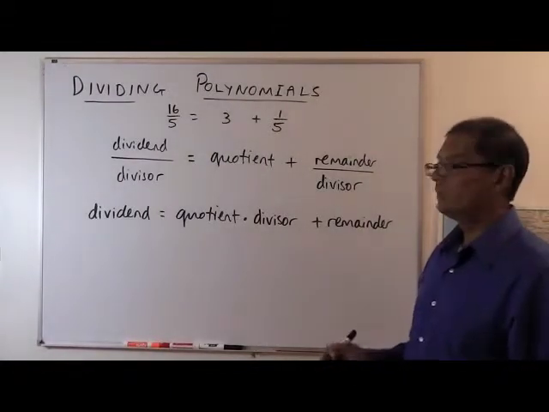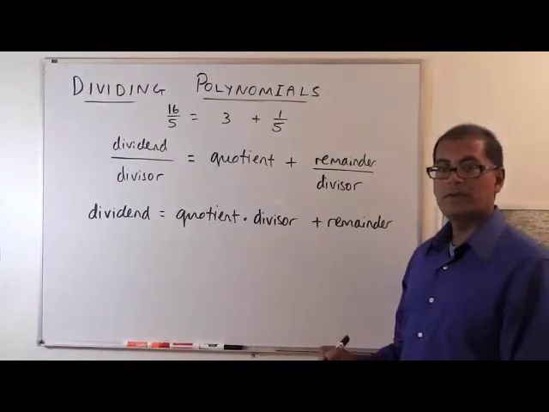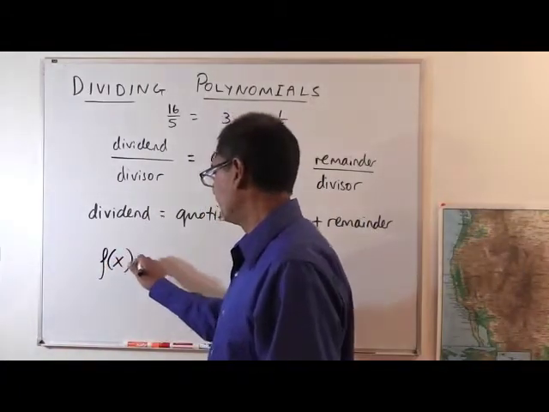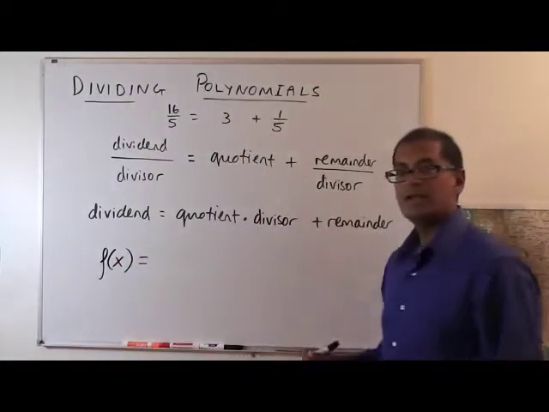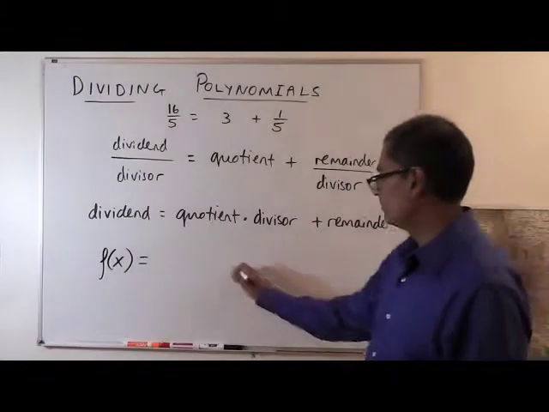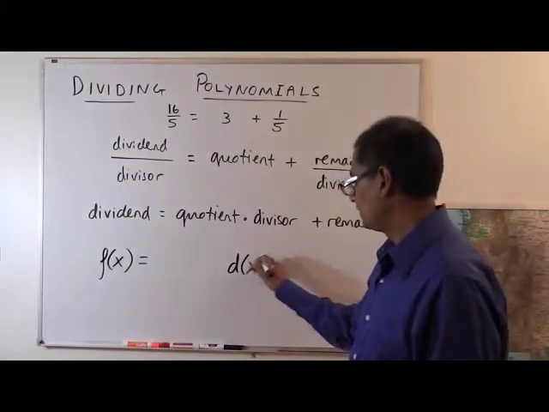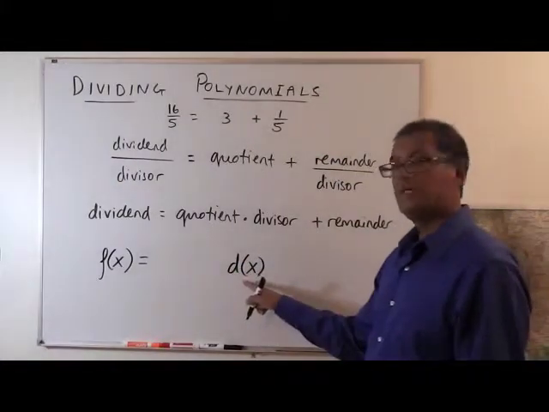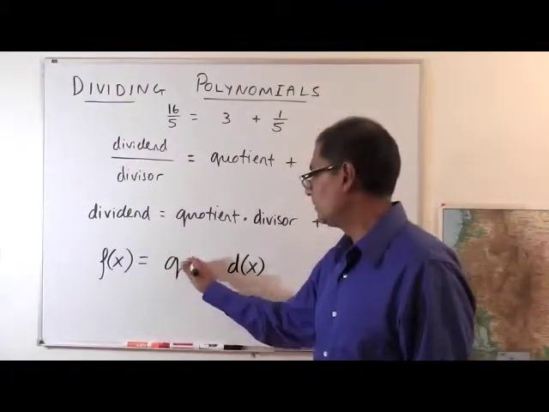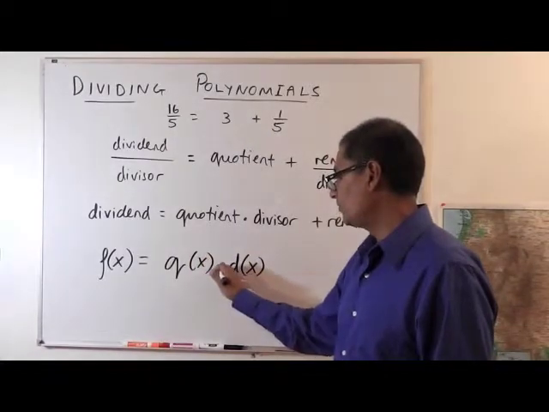If you think of the dividend as the function we want to divide into, so think of dividend as f of x. Well, let's say we divide that f of x by a divisor called d of x. Well, f of x is going to be equal to d of x times the quotient, and the quotient is what you get out when you're doing the division.